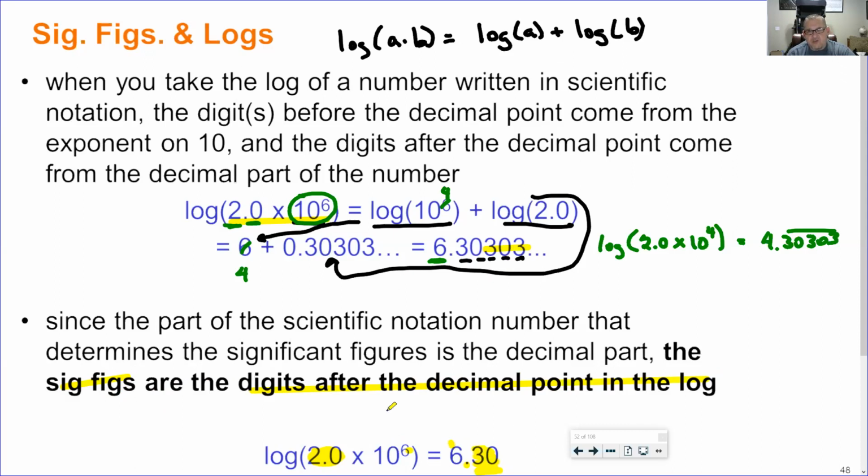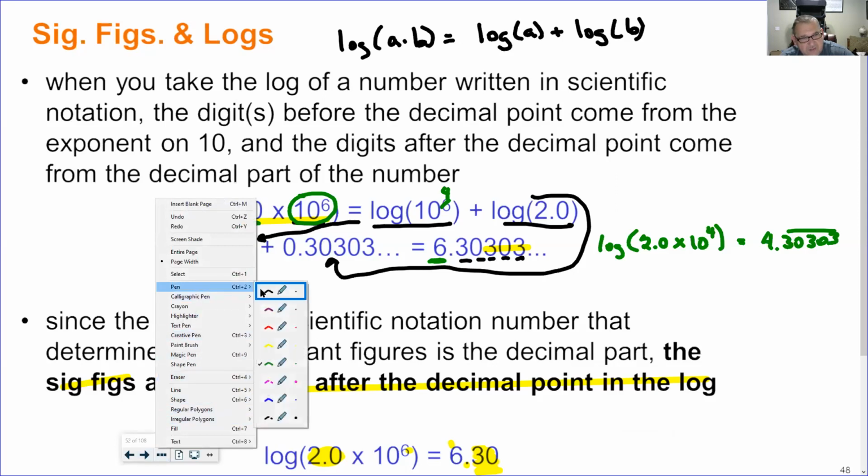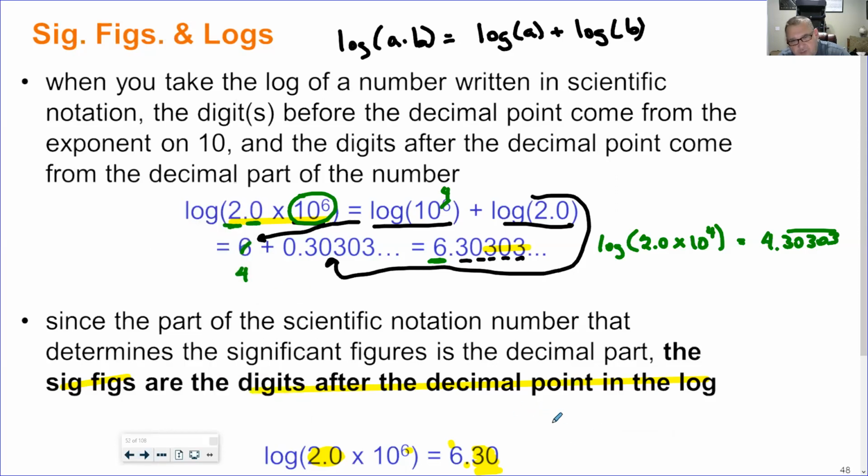So if I wanted to undo this function, and let me just show you this right quick because I didn't make a slide on this, what I would do is take the anti-log, so 10 to the 6.30, and that would equal 2.0 times 10 to the minus 6.